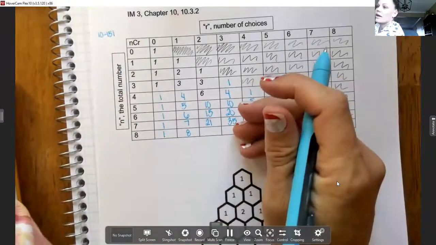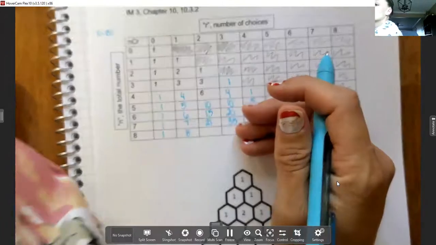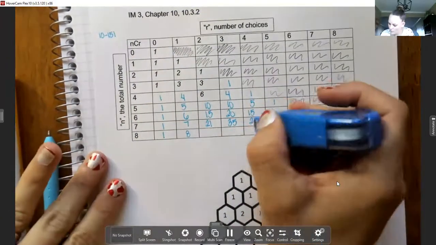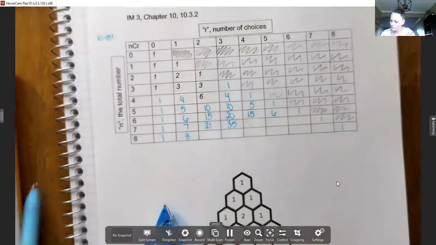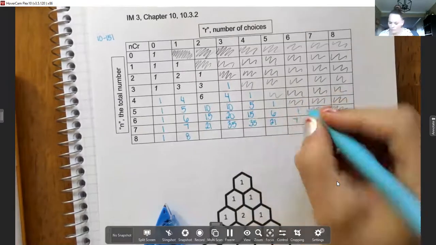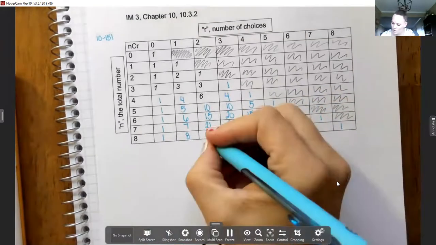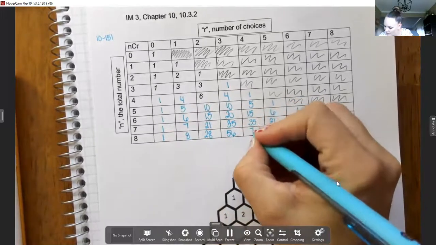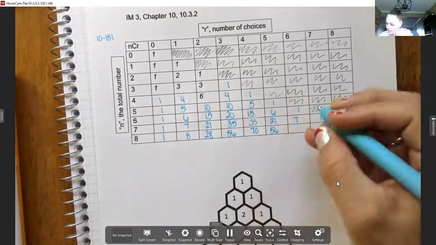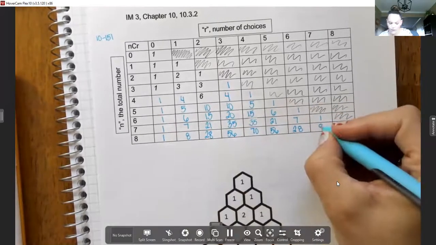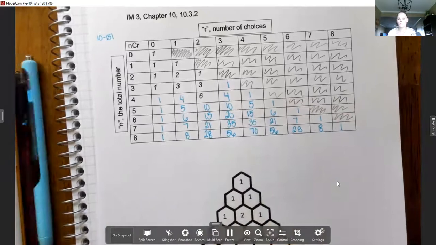It should be 35 again. And then 8, 28, 56, 70, 56, 28, and 8. So get that copied down.